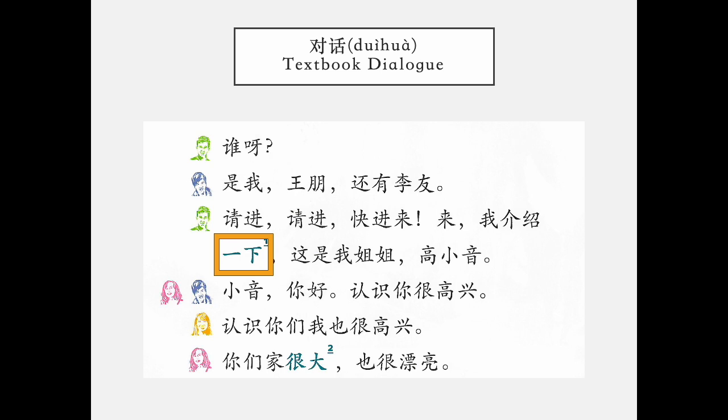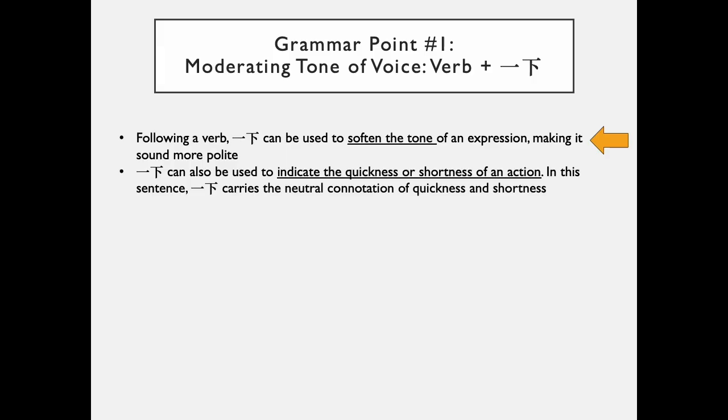So let's look at this 一下 here in this sentence, which is used to moderate your tone of voice. It can soften the tone of a statement, making it more polite. The first usage that you see on the top of your screen here is just as I've said. When you use 一下 after a verb, it will soften the tone of an expression, making it more polite.